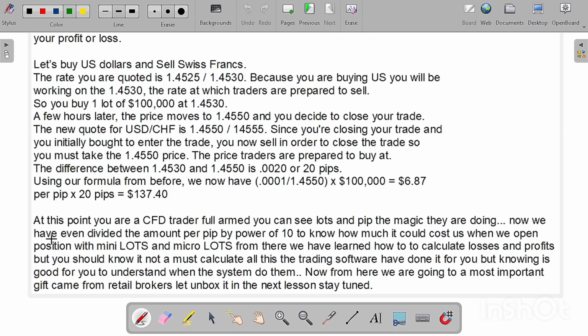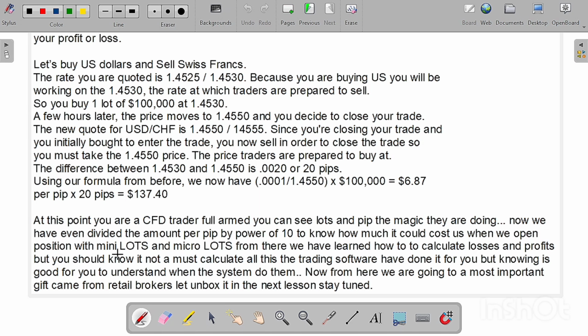So let's go on. At this point, you are a CFD trader, fully armed. You can see lots and pips, the magic they are doing. Now we have even divided the amount per pip by a power of 10 to know how much it could cost us when we open a position with mini lots and micro lots.